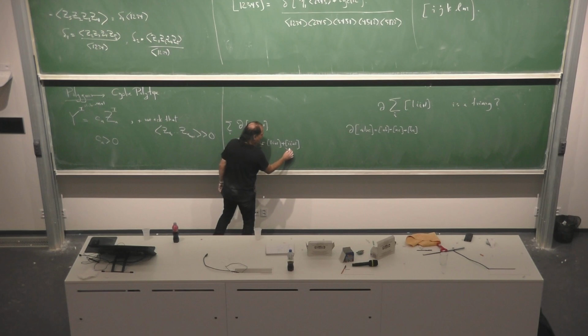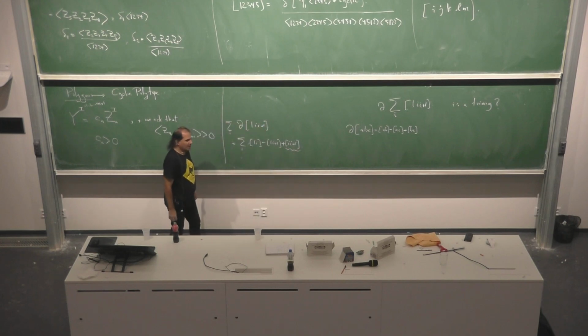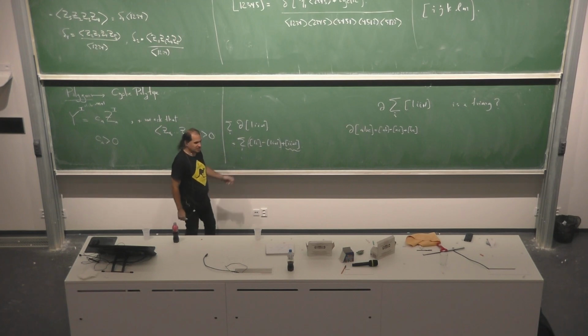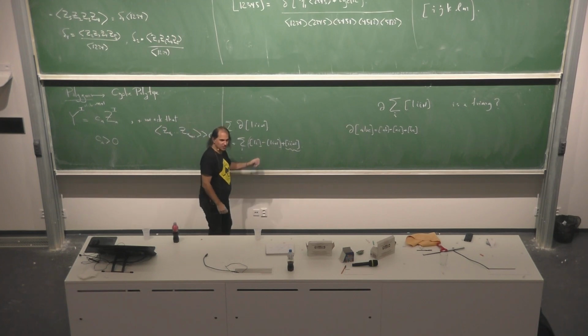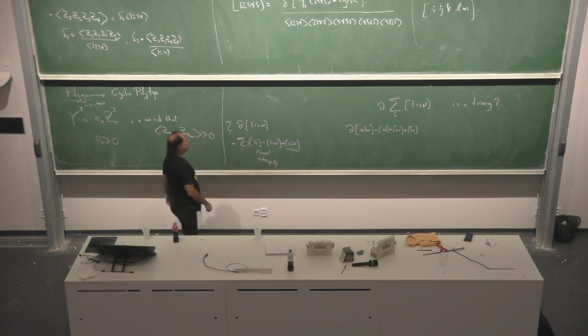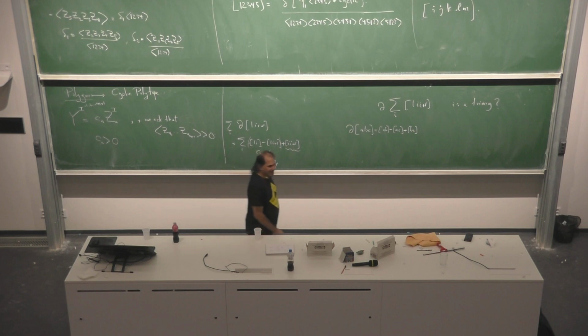So there's the sum that we want, and these terms cancel telescopically in the sum, because there's a minus sign there. So they just cancel telescopically. Okay, now we're done with the polygon.